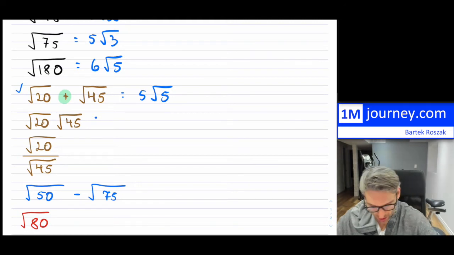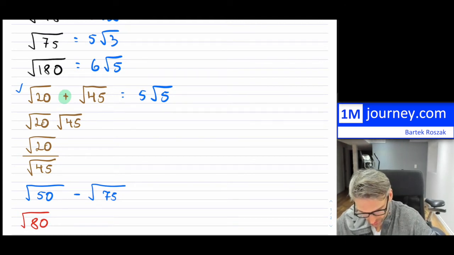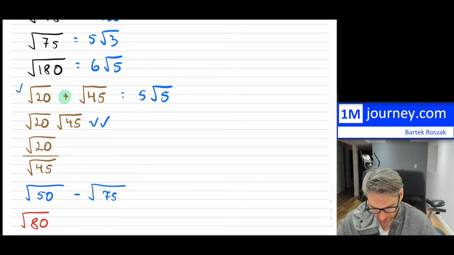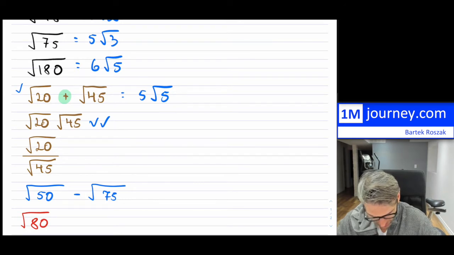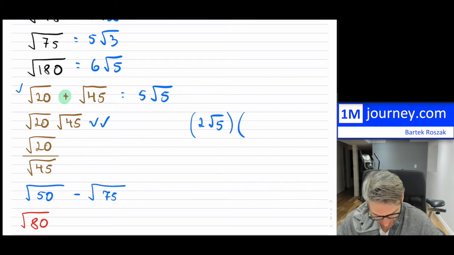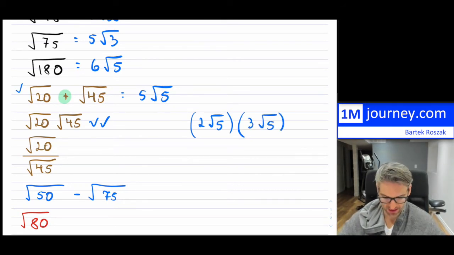All right, so what about if you were multiplying? Like what about this one? If you multiply, I guess we have already done this. We've already done those in the previous example.